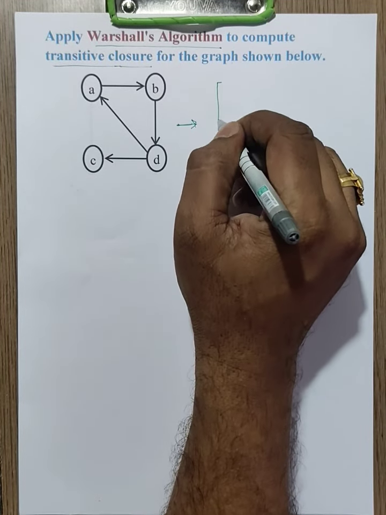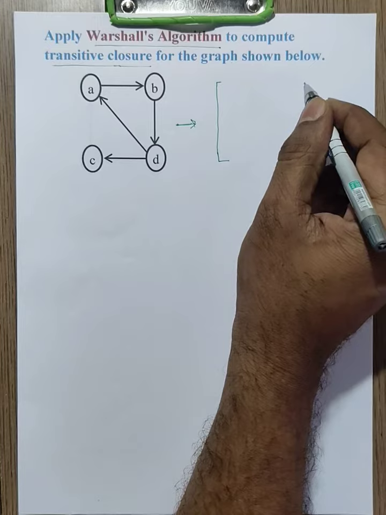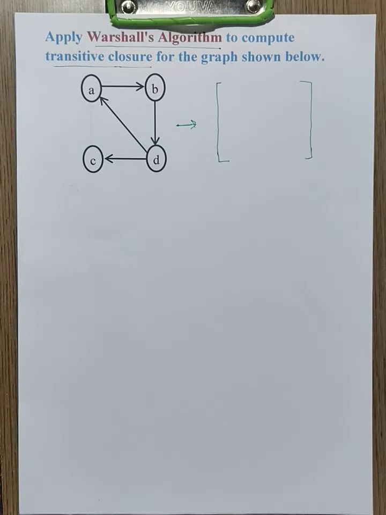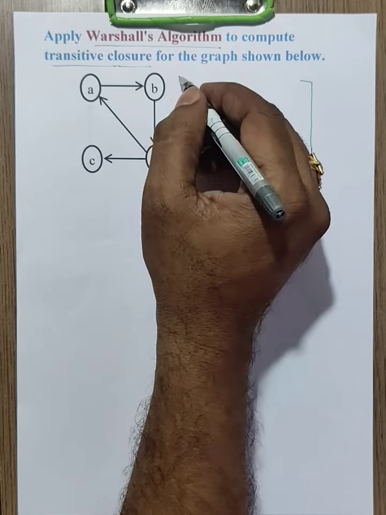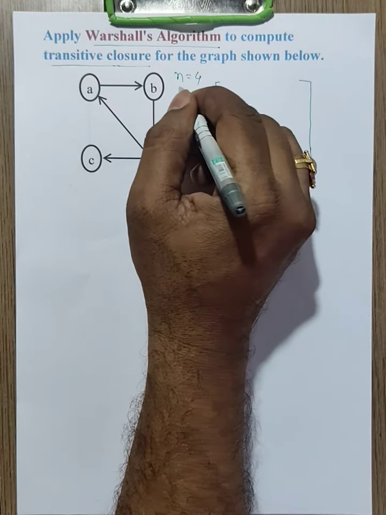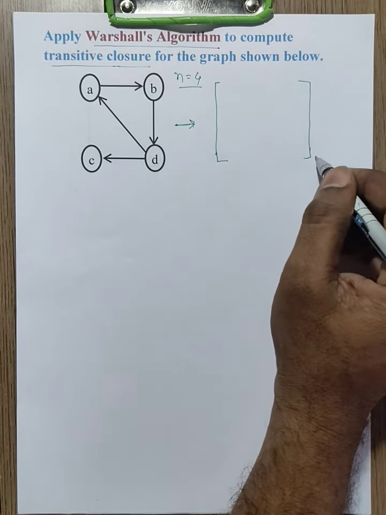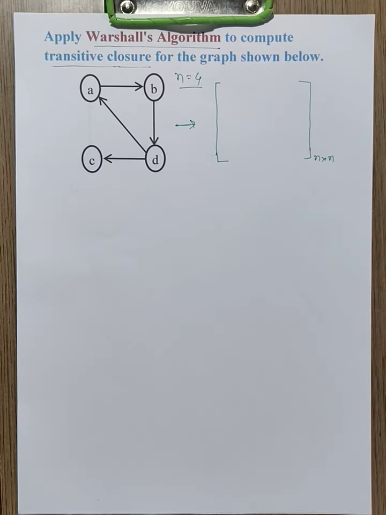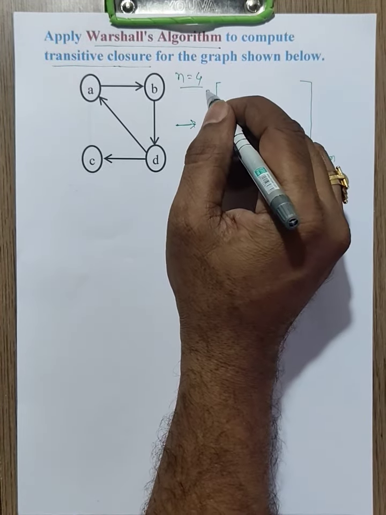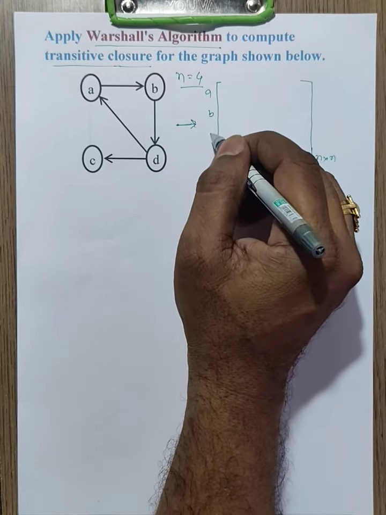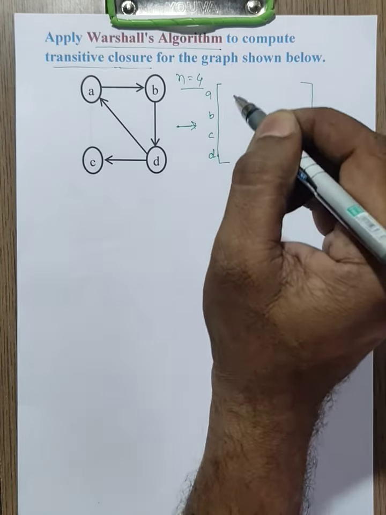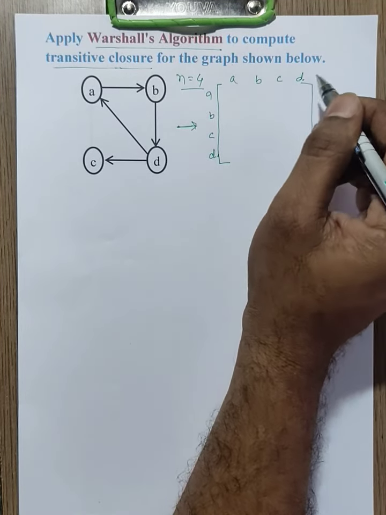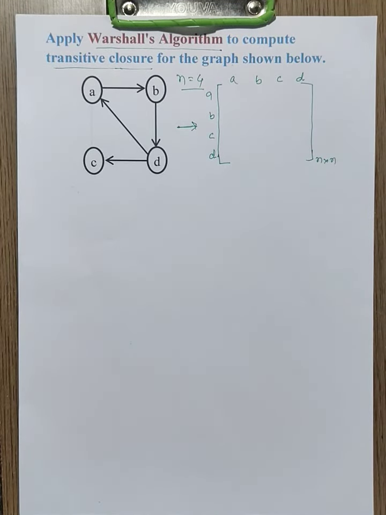The total number of vertices is 4, so n equals 4, and the matrix size should be n by n, that is 4 by 4. By default the vertices are A, B, C, D.